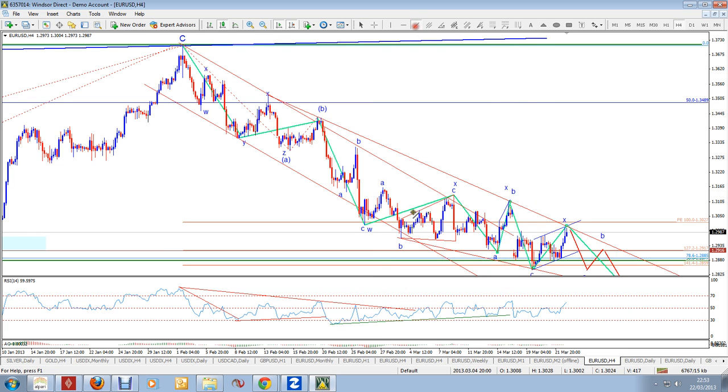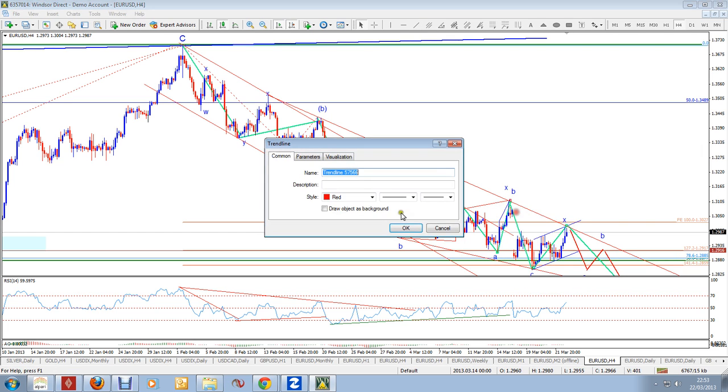So maybe from here we got A, B, C as a B, and then this one as a C. So W, X. So all of this from there to there, in fact, could be just running flat.